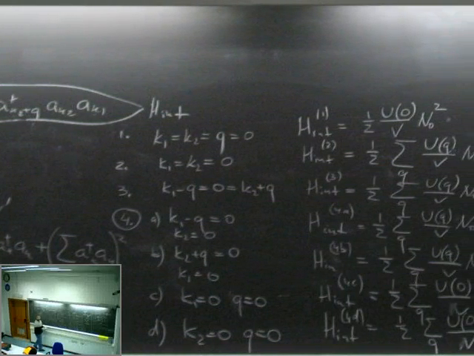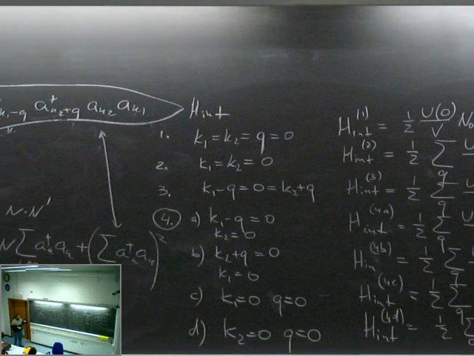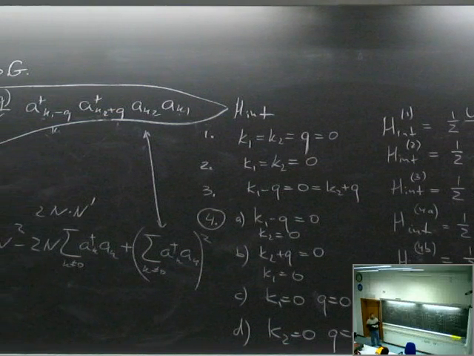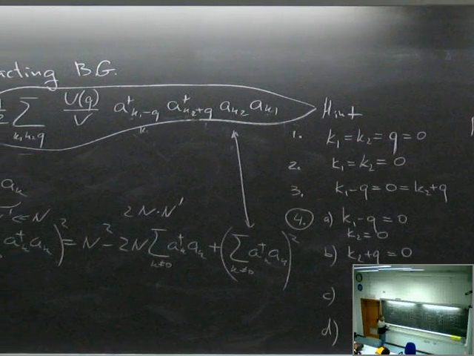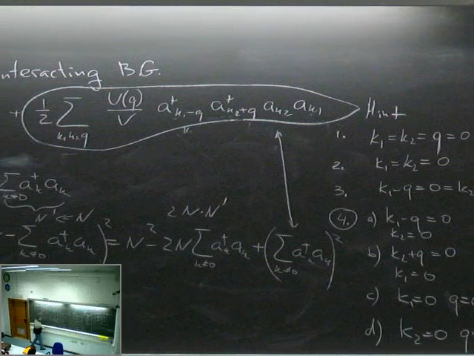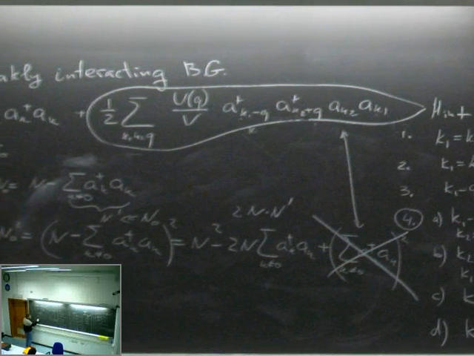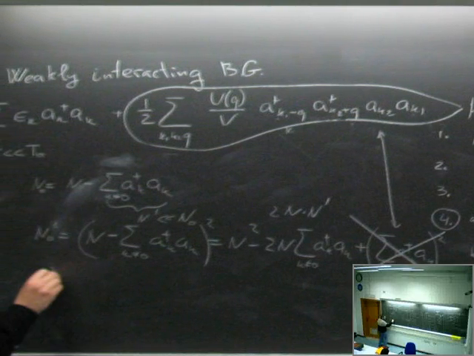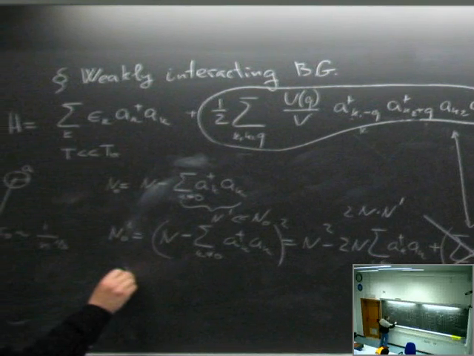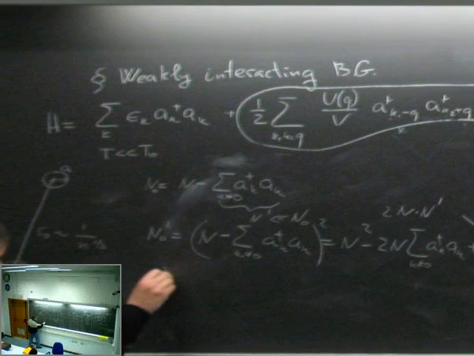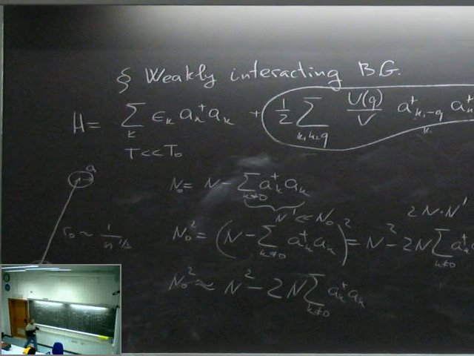And why didn't we do that? Because the number of out of condensate particles is assumed to be much smaller than the number of particles in the condensate. Therefore, with the same level of accuracy, we disregard this term. So here it's an approximation. Therefore, I wrote that N node squared is approximately equal to N squared minus 2 times N sum over K not equal to 0, A K dagger A K, and plug it in there.